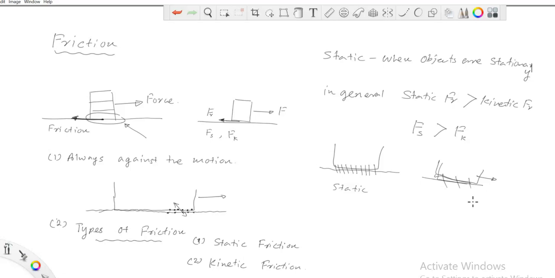So once things are moving, it's easy to keep going. Kinetic friction is going to be a little less than static friction. These are the two main frictional forces we're going to discuss, and static is bigger than kinetic most of the time.